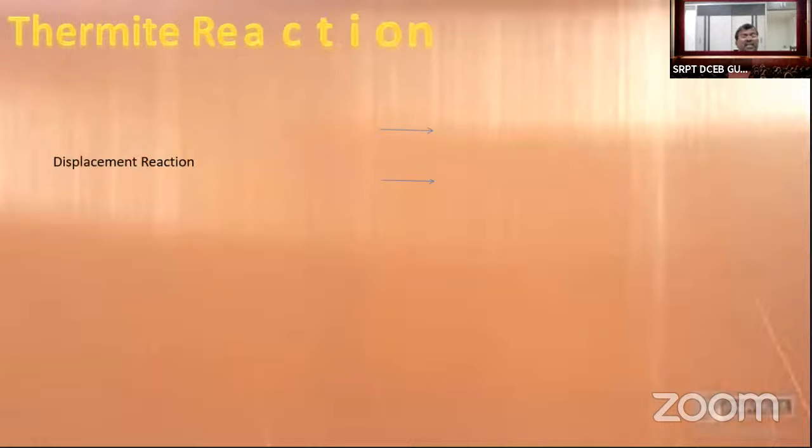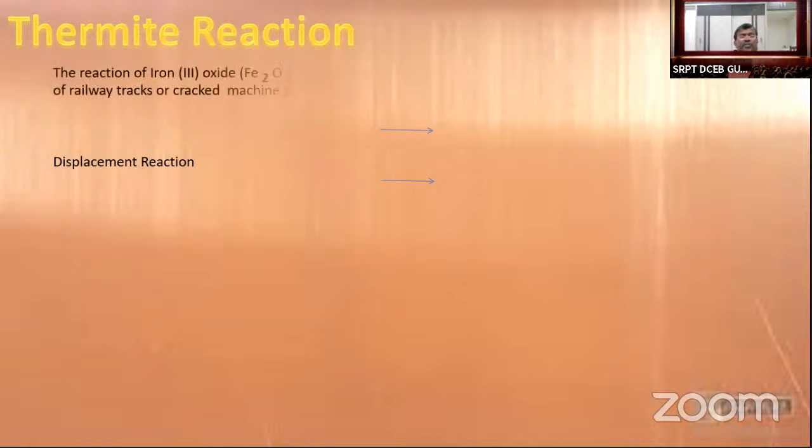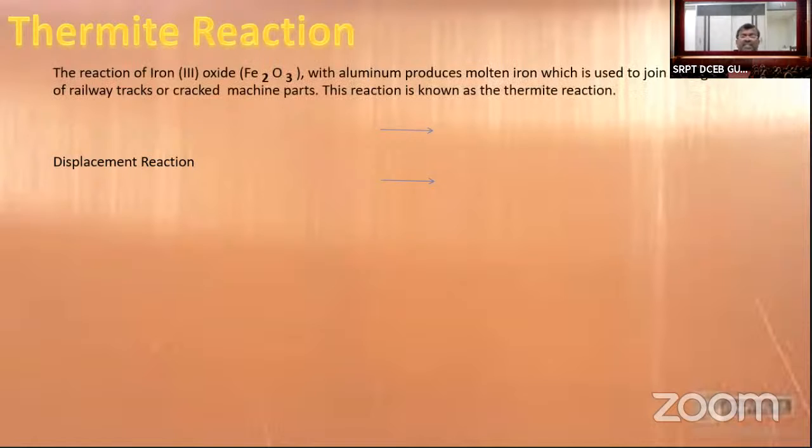Two more reactions are there. Now let us see the application of the thermite reaction. The main application of the thermite reaction is that it is used in the welding of railway tracks. Now let us see what chemicals are used. The thermite reaction is also known as thermite welding.